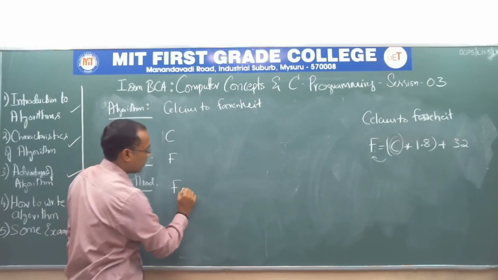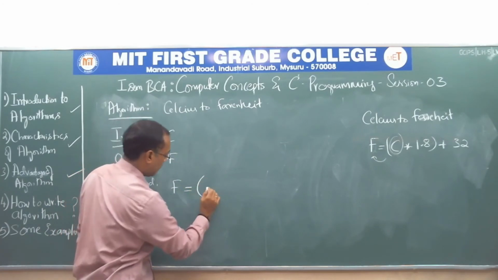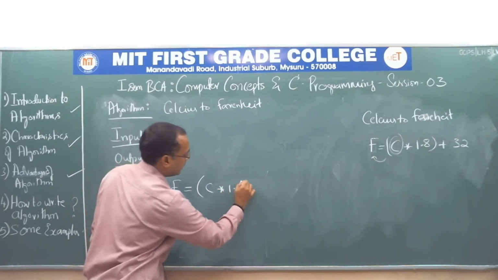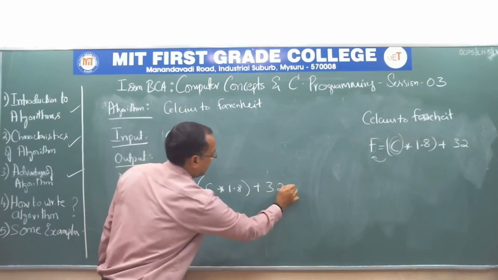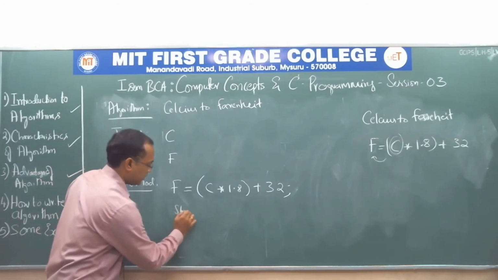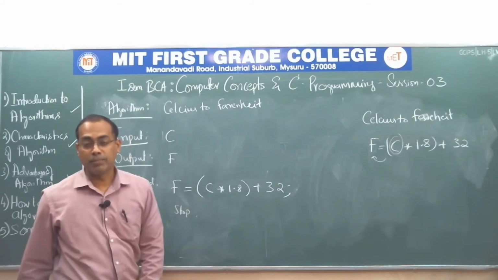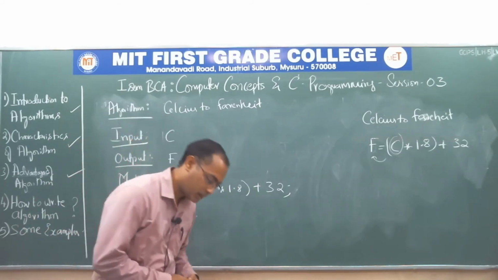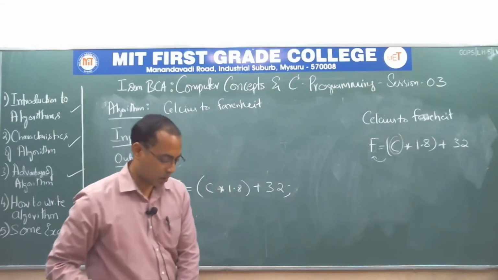Write down the formula: F is equal to C into 1.8 plus 32. Okay? So this is one more simple problem to represent using an algorithm. We'll take one more problem.